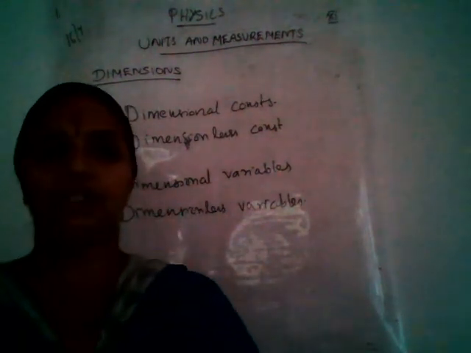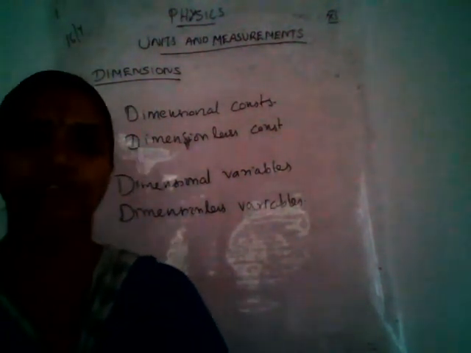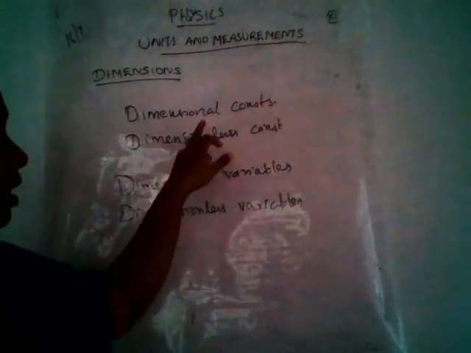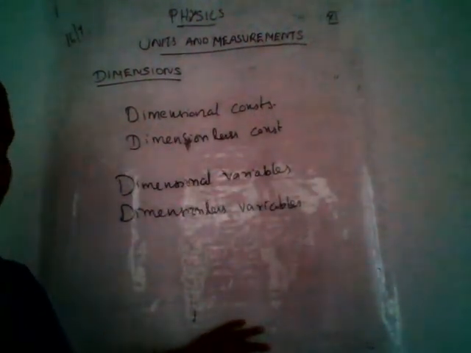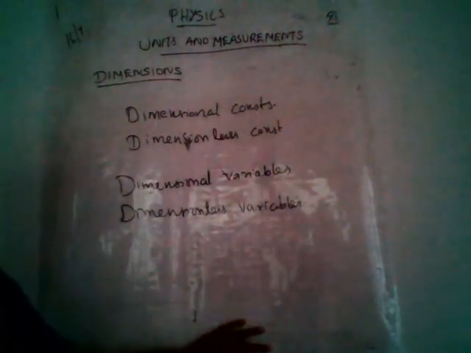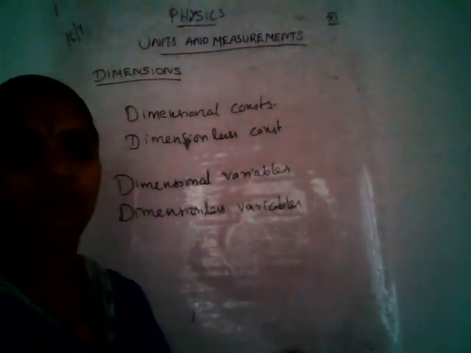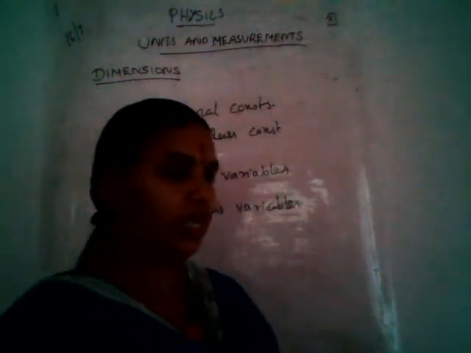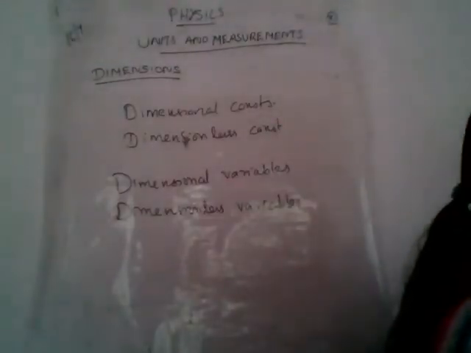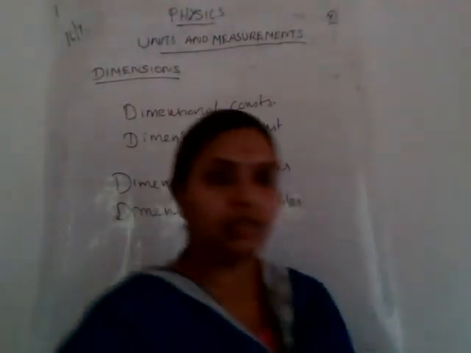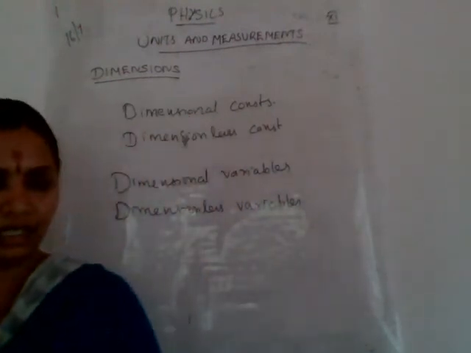Understood? So write down the next question. Define dimensional constant, dimensionless constant, dimensional variables, dimensionless variables with the examples. So write what is it?